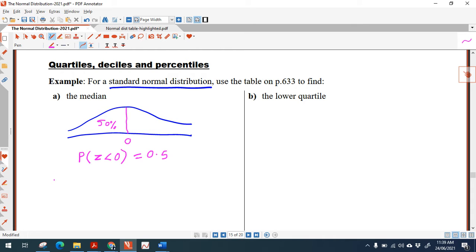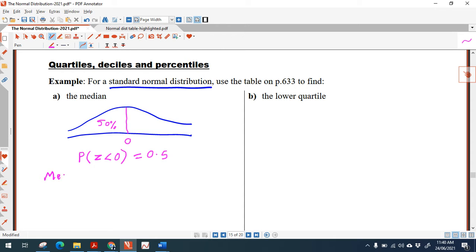You've got to be aware though that this median is just for the z distribution. If you wanted to find the median of the actual data, in other words the x distribution, you'd have to use your formula for z-scores to work that out. Let's just write the answer down.